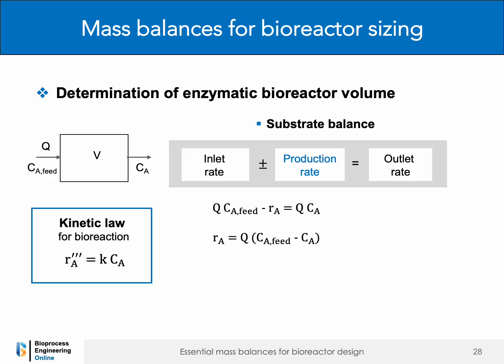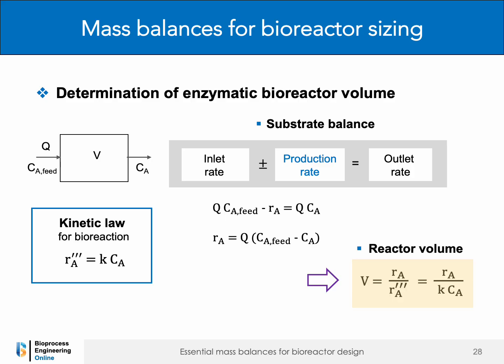In a second step, the mass balance equation is combined with the bioconversion kinetic law. For the simple case of first-order kinetics, the volumetric reaction rate RA''' is expressed as RA''' equals K CA, where K is the kinetic constant.